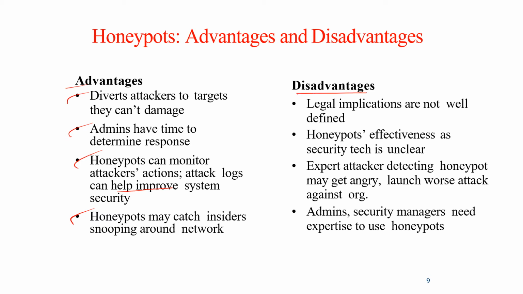Under disadvantages: legal implications are not well defined. A honeypot's effectiveness as a security technology is unclear. Expert attackers detecting honeypots may get angry and launch worse attacks against the organization.